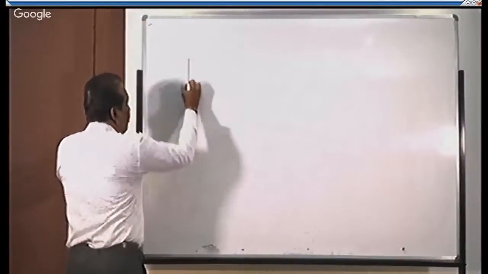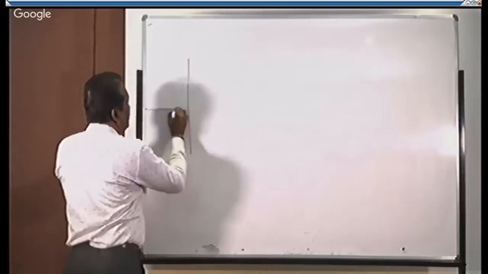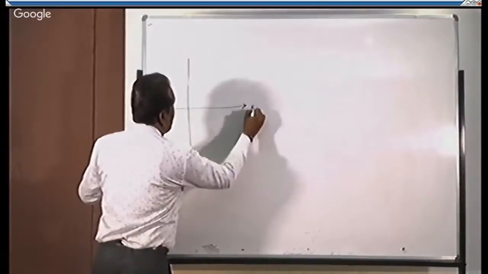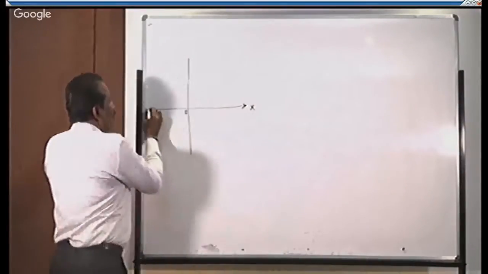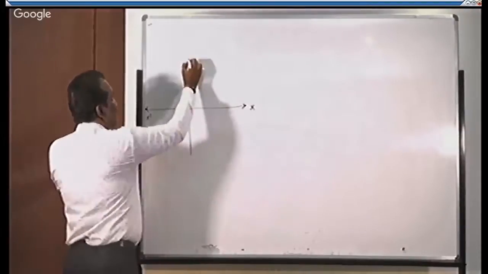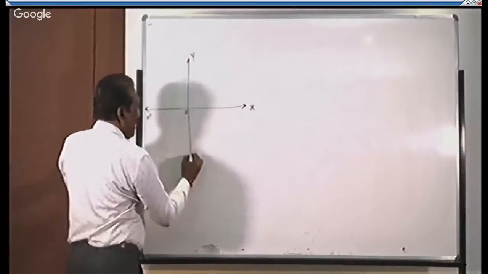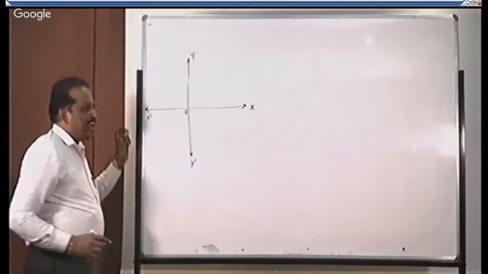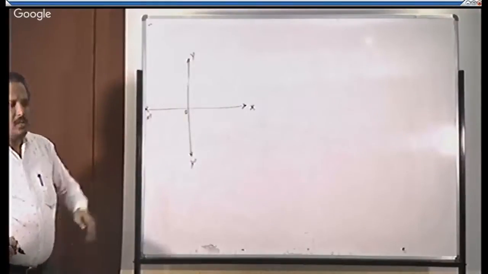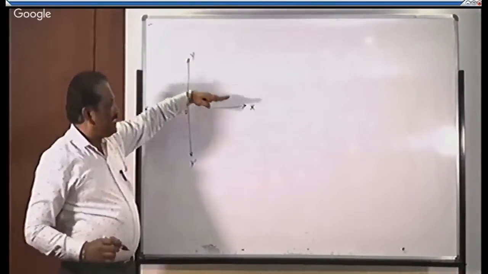As we know from the previous discussion, a plane is divided into 4 equal parts by the presence of 2 mutually perpendicular lines, X'OX and Y'OY, as shown here. Suppose our revolving line is here.